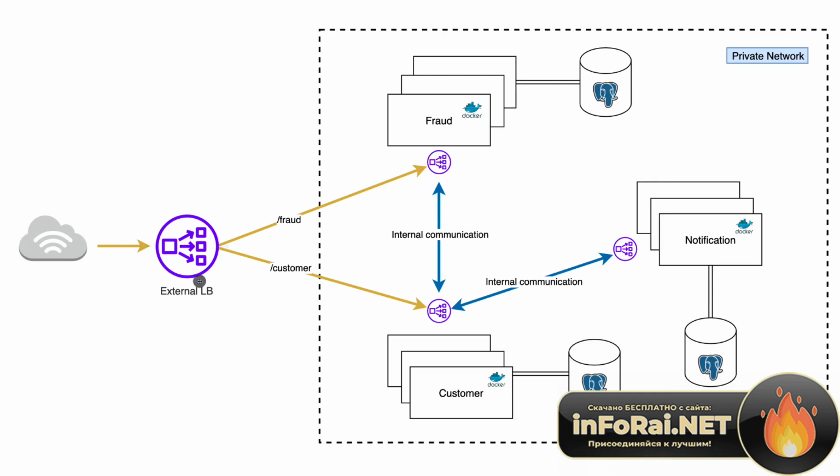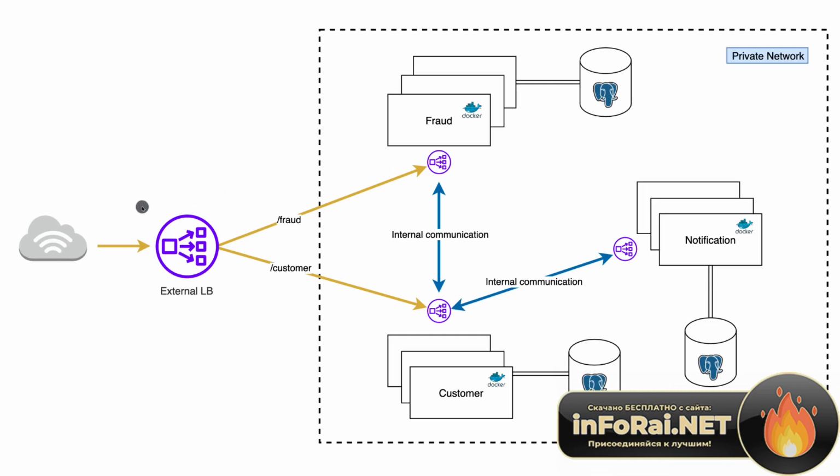So instead of clients going directly into customer or fraud or notification, the main entry point is through this external load balancer. Any traffic that goes from the internet directly into these instances inside of the private network will be blocked by the firewall. So a request comes in through the load balancer, and the load balancer is actually quite smart.